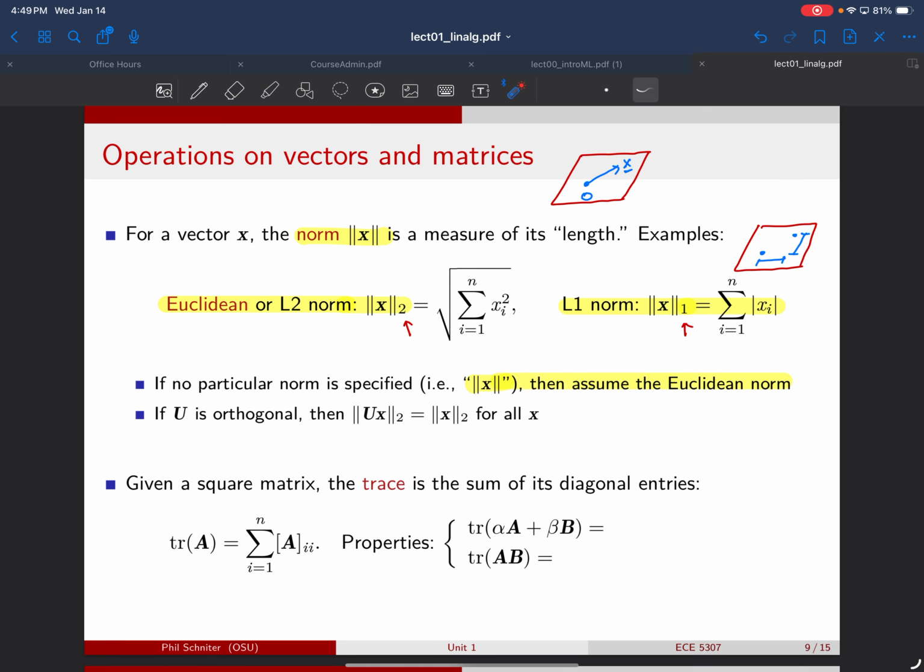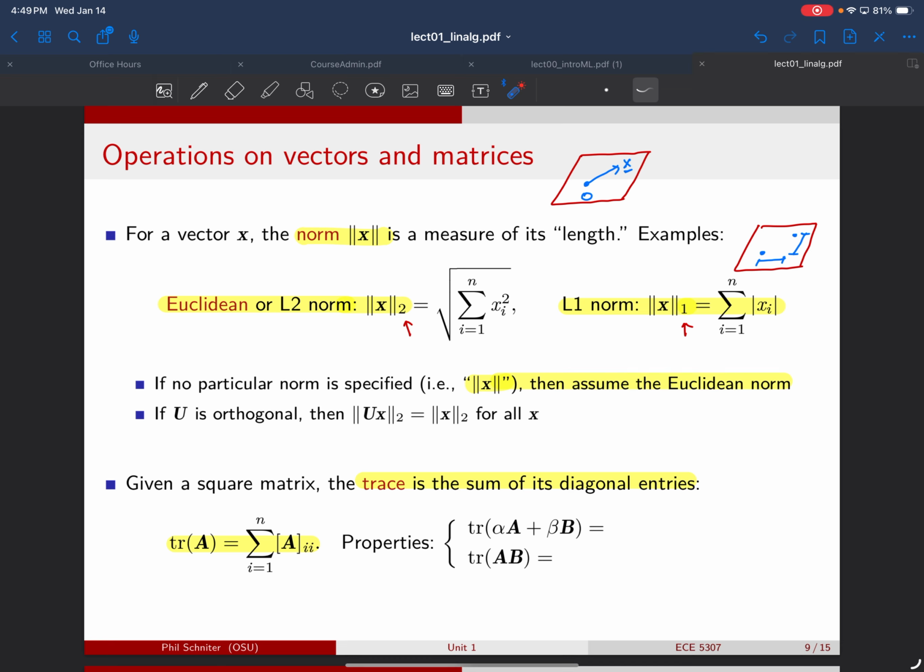So now, the trace is a very useful operation for a lot of proofs. I'll explain why in a moment, but basically what the trace is, if you have a square matrix and you take the trace, that's nothing more than saying I'm going to sum the diagonal elements of that matrix. And the trace is a linear operation.